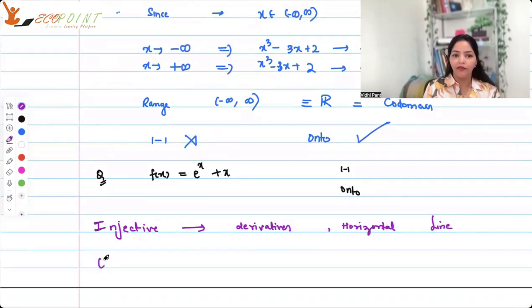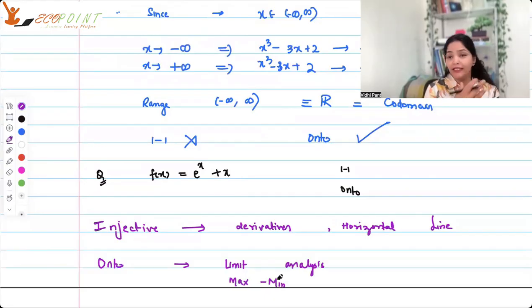And for checking onto, the analysis that you should use is the limit analysis. Or in case you have closed domains, then of course, think in terms of max-min. And you will be able to figure out the range easily. And hence you'll be able to comment on whether the function is onto or not.